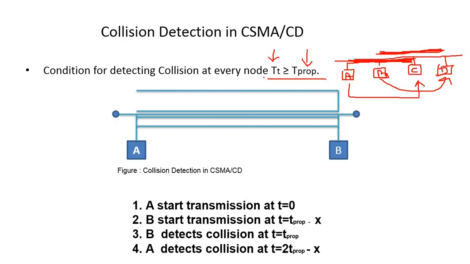Whenever we use transmission time greater than or equal to propagation time, we can reduce the collision time, because if the transmission time is greater, by that moment the other data has propagated. So we can detect the collision using these fundamentals. We keep transmission time greater than or equal to propagation time, so we will be able to detect the collision.